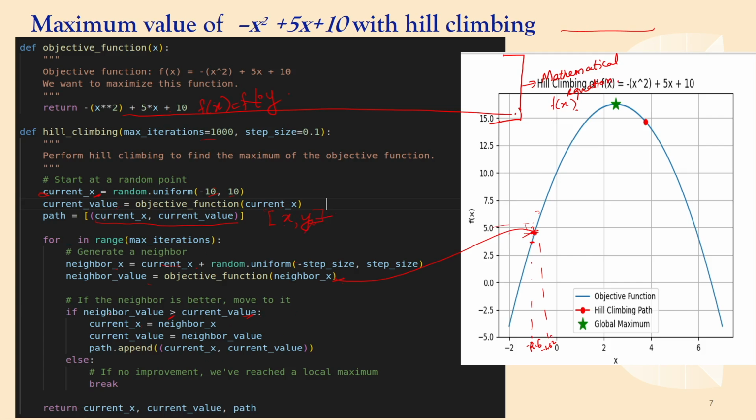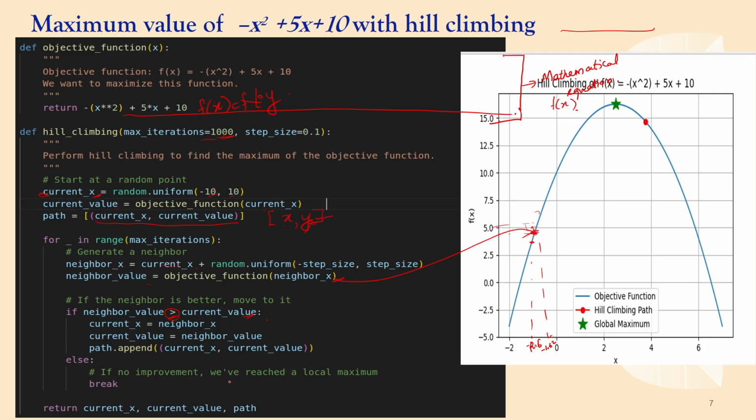Do this until 1000 times, so that we would know at which point it reaches the maximum. It will stop either at 1000 iterations or when the neighbor value is not greater than the current value.